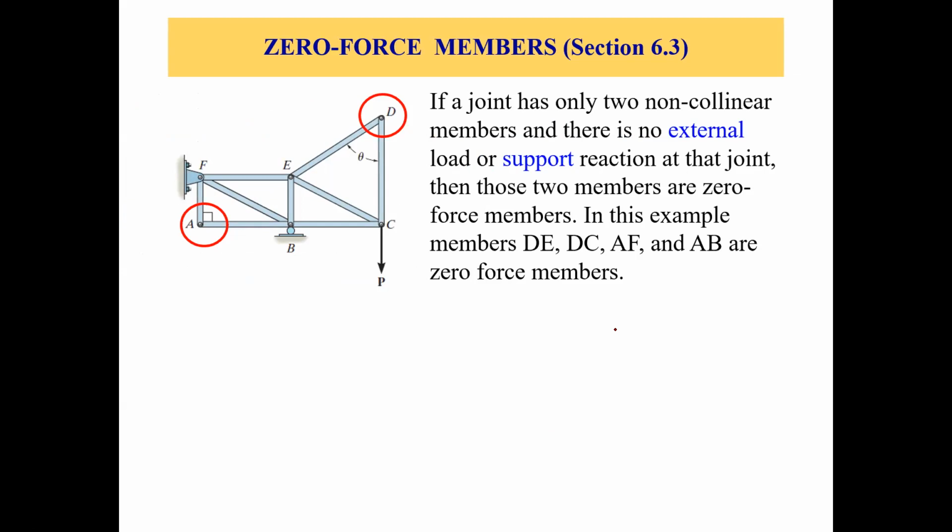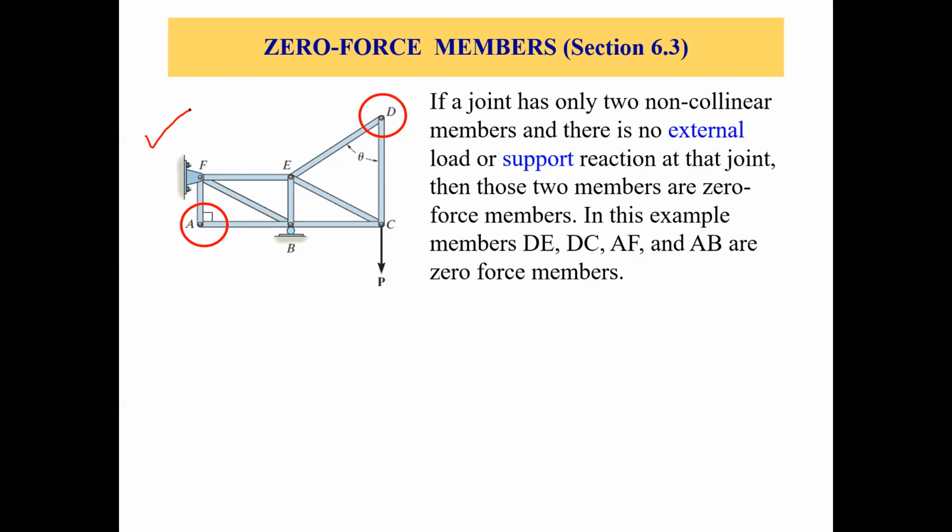Let's talk about the first condition. If a joint has only 2 non-collinear members and there's no external load or support reaction at that joint, then those 2 members are zero force members. This is the truss shown on the left side. Consider joint D. At joint D, you have 2 members, DC and DE.